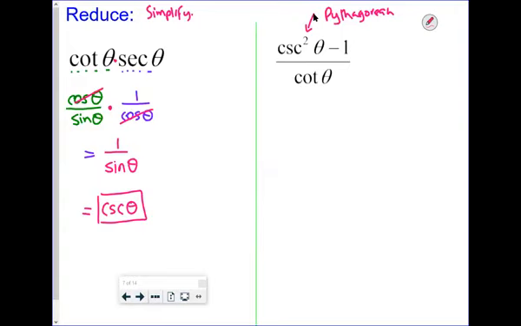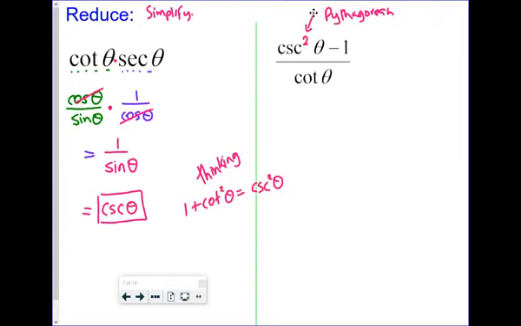Okay, this one. I'm seeing cosecant squared theta minus 1. So in my head, I'm thinking about my Pythagorean identities because I'm seeing this squared. And I know there's that identity that goes 1 plus cot theta equals cosecant theta. Is that right? No, not at all. It's only true if they're squared: 1 plus cot squared theta equals cosecant squared theta.